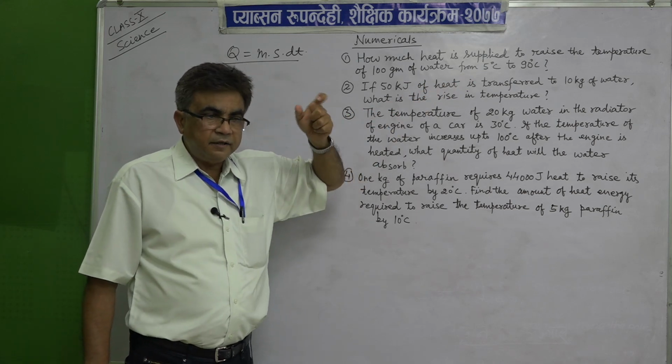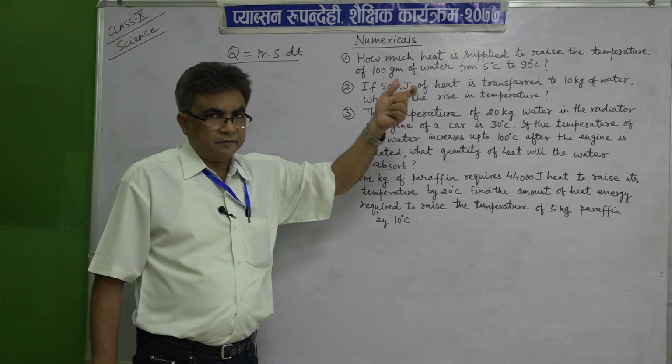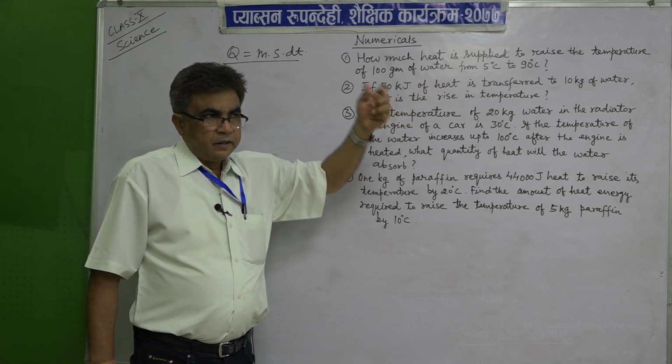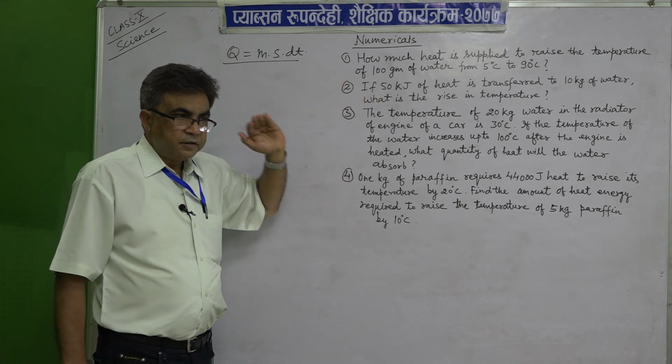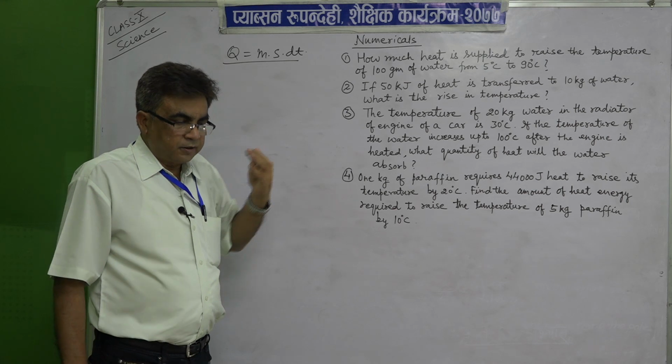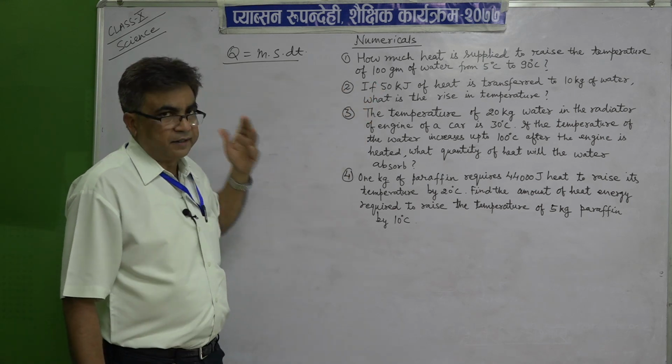So, very easily we can find the temperature difference, 90 minus 5, 85. While using this formula, you have to think what more you need. First, write the given things.